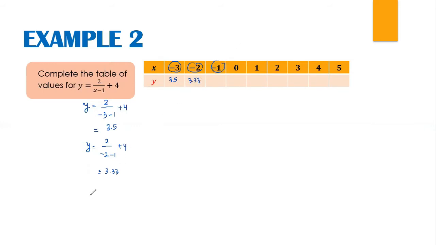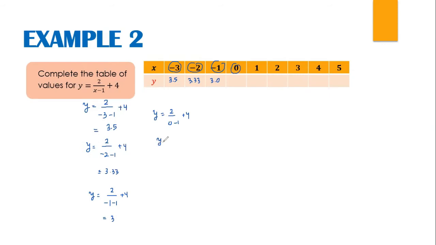So what about x equals minus 1? So y equals 2 over minus 1 plus 4, okay? So we got 3. Copy and put here 3.0. What about x equals 0? So y equals 2 over 0 minus 1 plus 4.